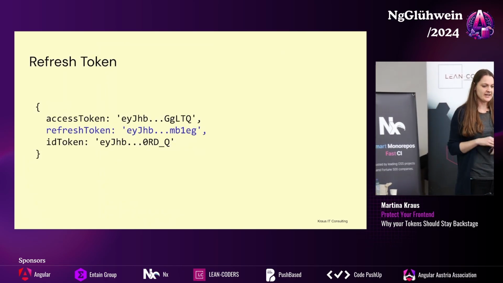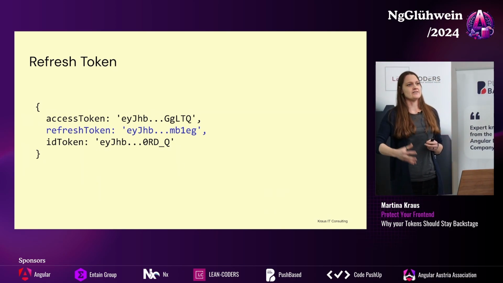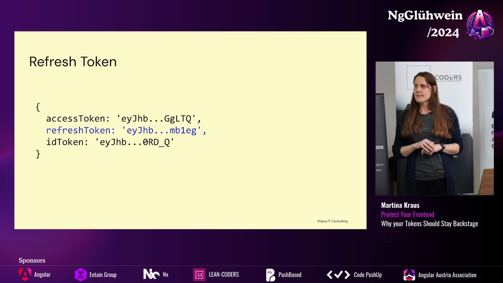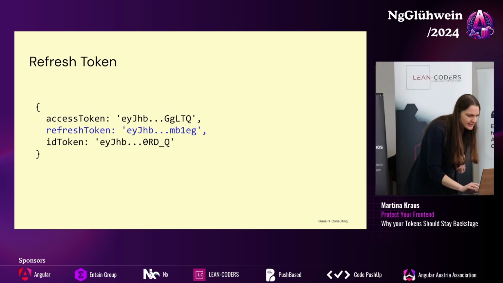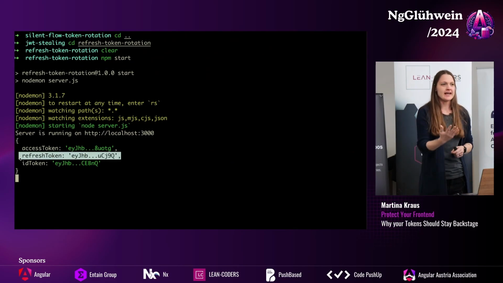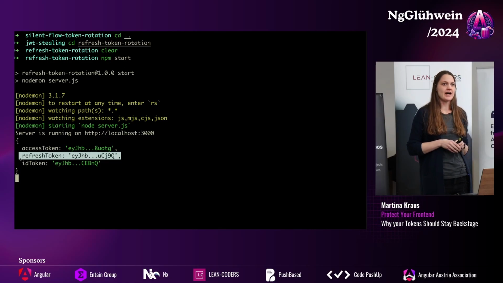The refresh token is a cool thing. Basically, with the refresh token, I can silently get a new access token behind the scenes when the access token expires. That's perfect. But I also got the refresh token here. So I don't care if the access token has just a lifespan of 3 minutes. I have the refresh token, and I can get an access token whenever I want.